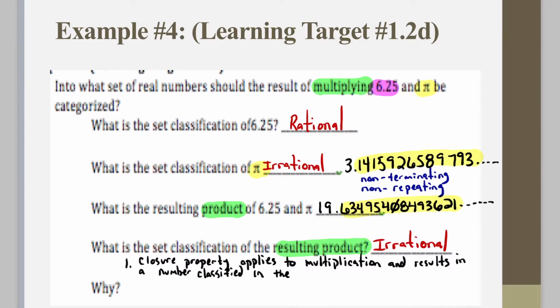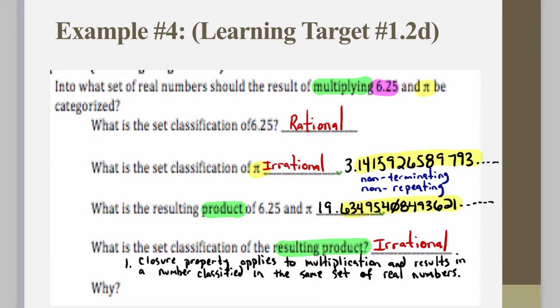in the same set of real numbers. And immediately you may think, wait a minute, rational and irrational numbers are not in the same set of real numbers. And that is true. They are classified differently.